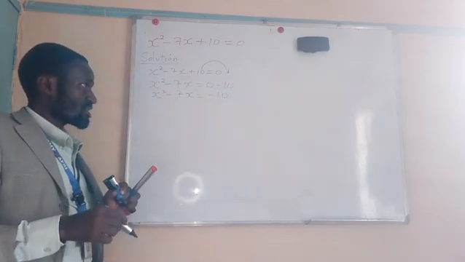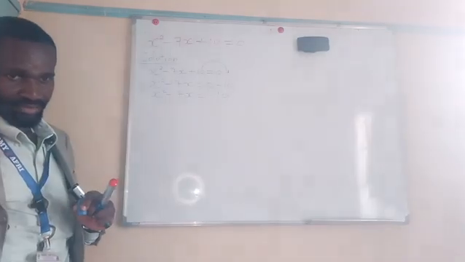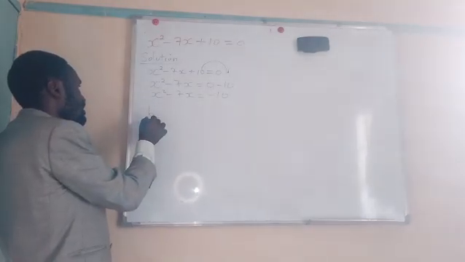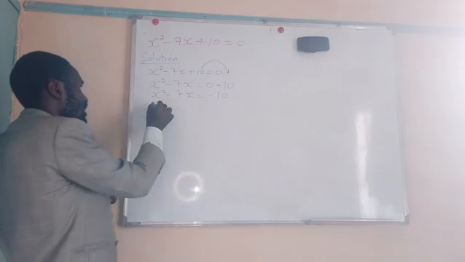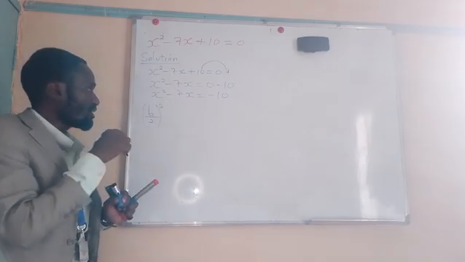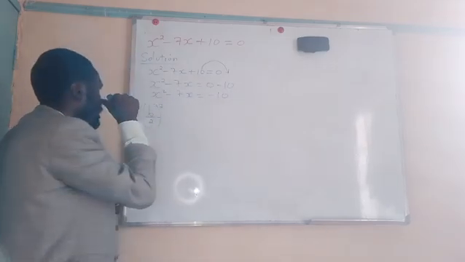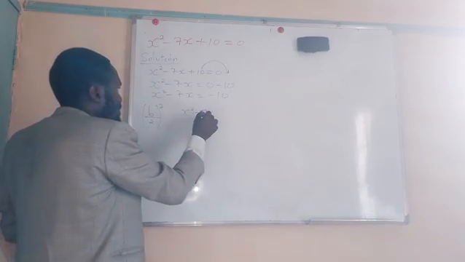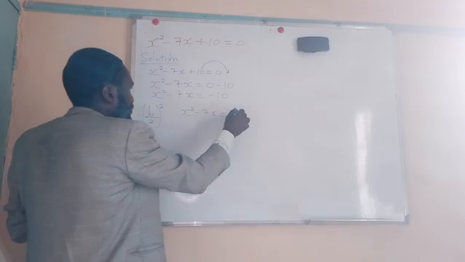This is where now someone is supposed to introduce this concept of b over 2 squared. So I just say b divided by 2, and this is squared. So we'll take this just down here. So I've been able to get x squared minus 7x is equal to negative 10.